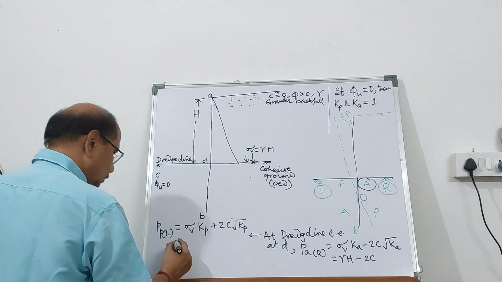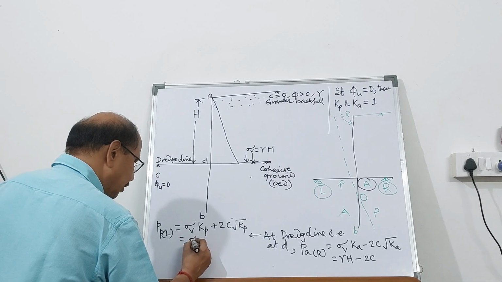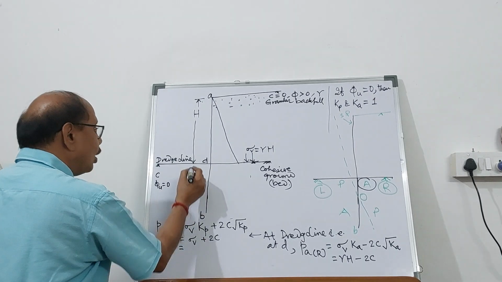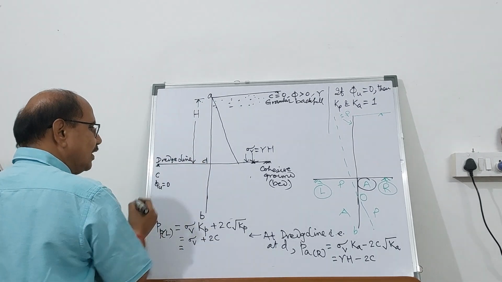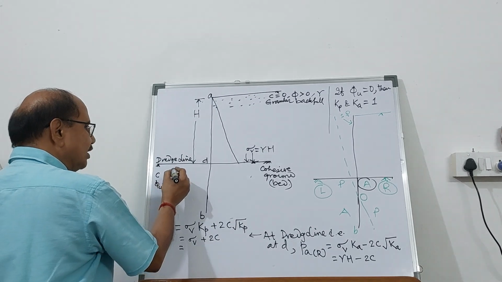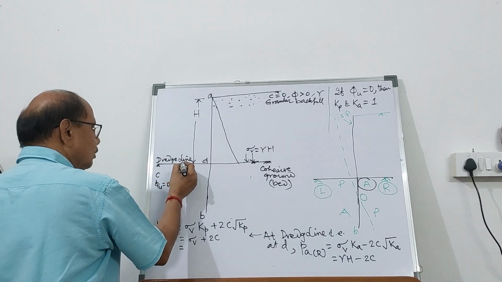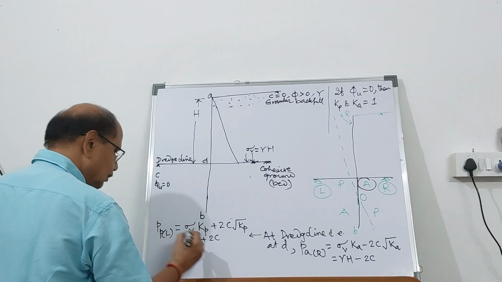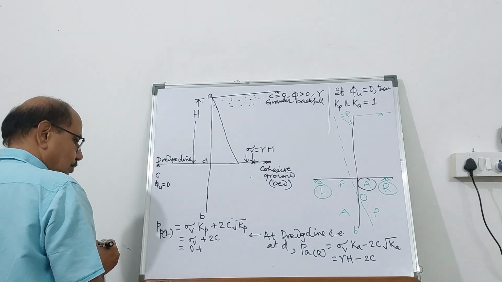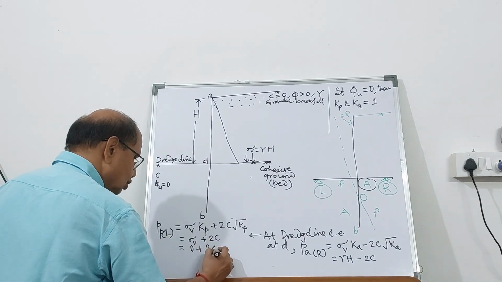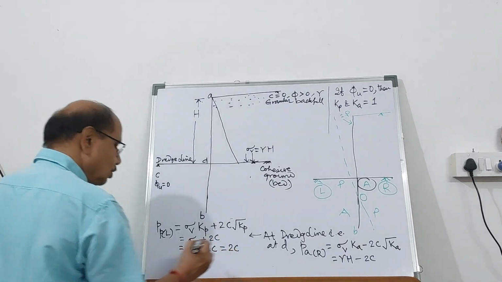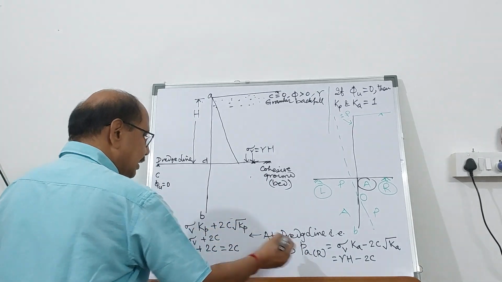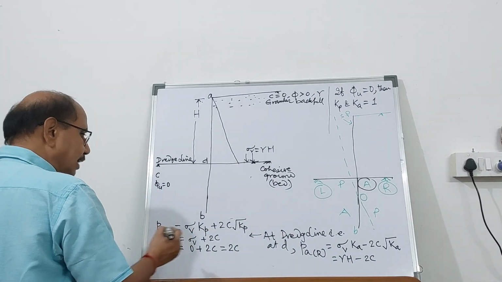Now Kp is 1. So this becomes sigma V plus 2C. Now on this side, on the left hand side, the passive earth pressure is going to develop. So at dredge line, what is the vertical pressure? There is no vertical pressure, it is 0 plus 2C. So this becomes 2C.